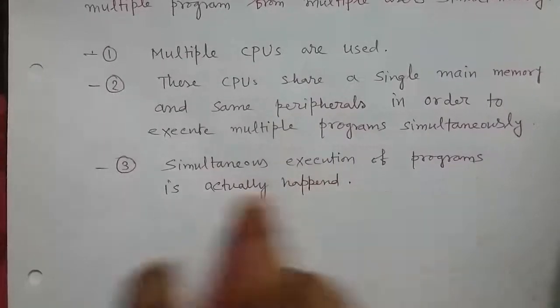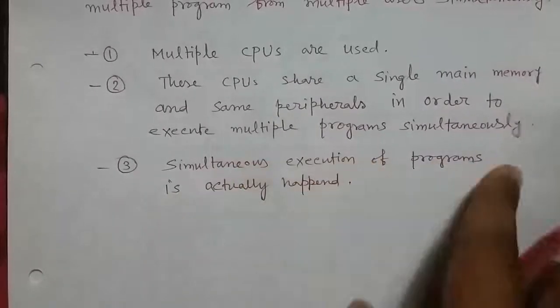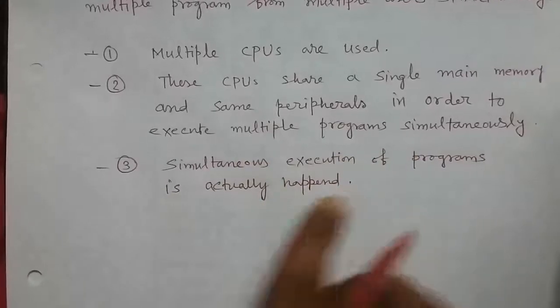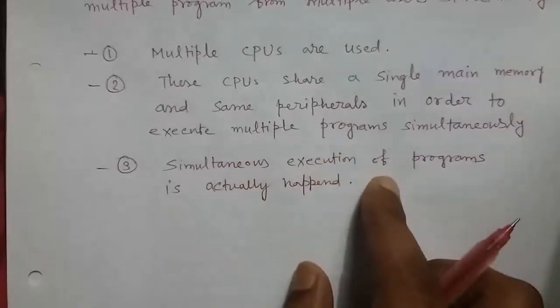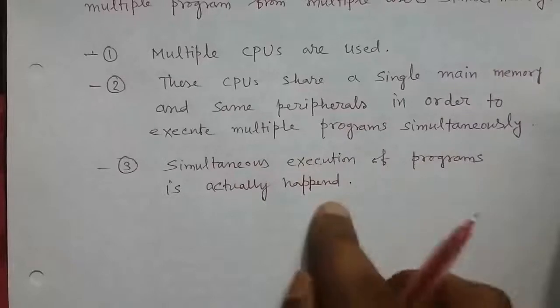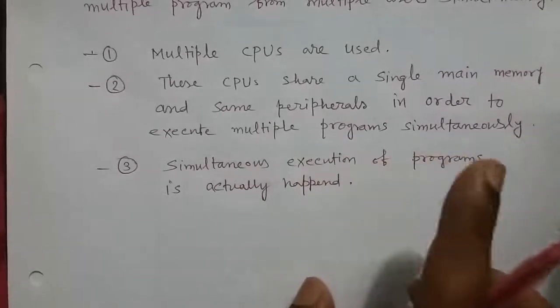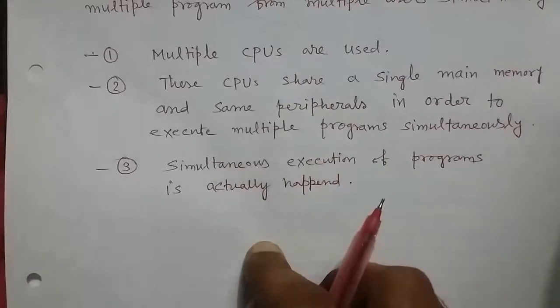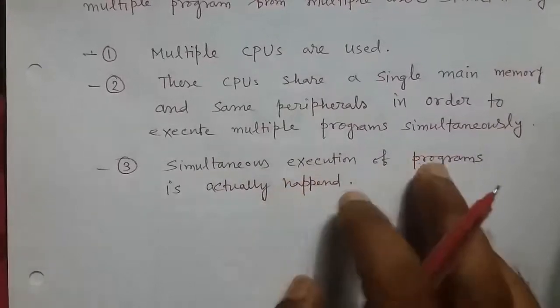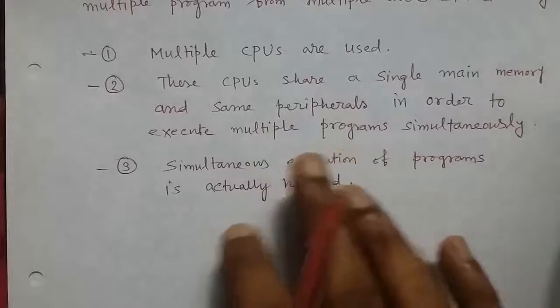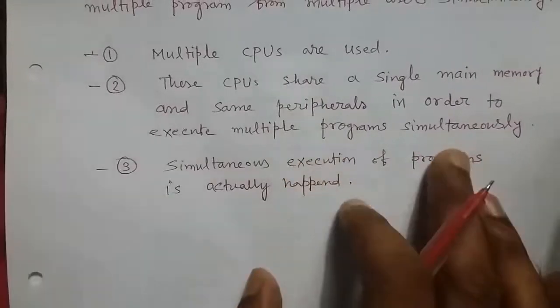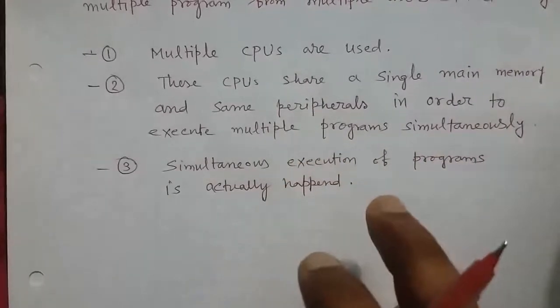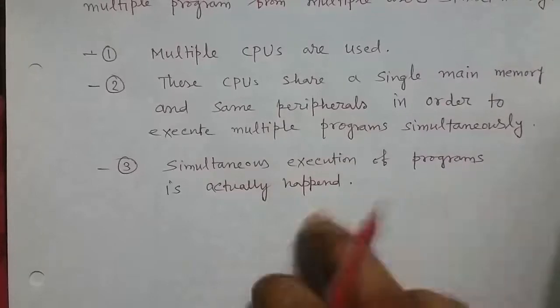You need to understand simultaneous execution of programs actually happens, because in multiprogramming the users have an illusion. You already know that in multiprogramming the users have an illusion of simultaneous execution of multiple programs, isn't it? In multiprogramming, all the programs do not get executed at a time.